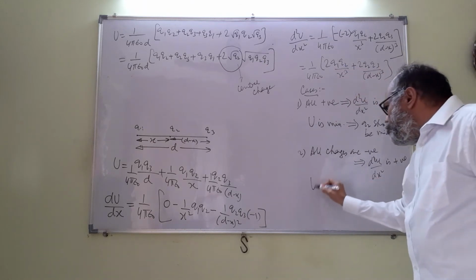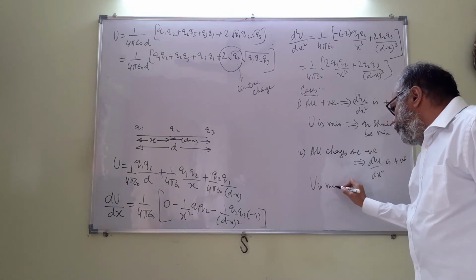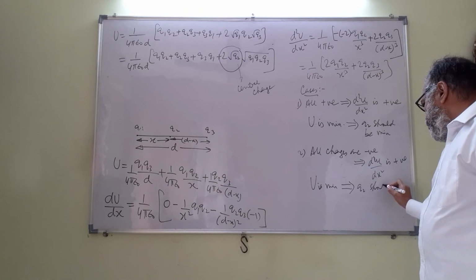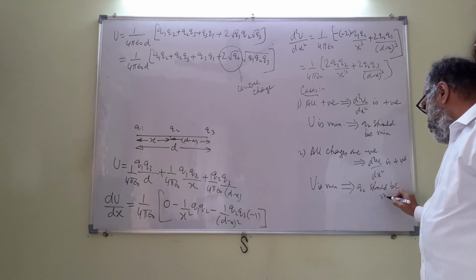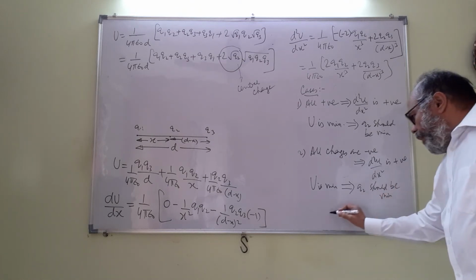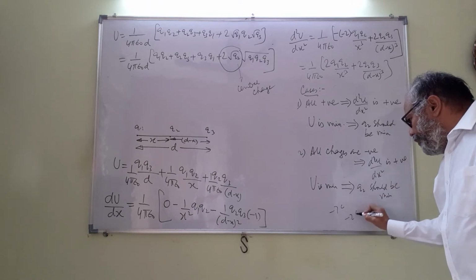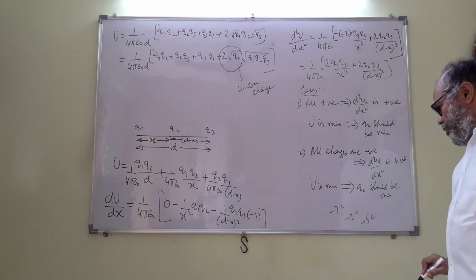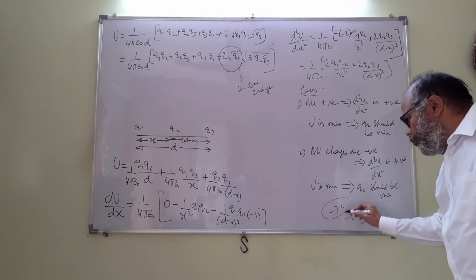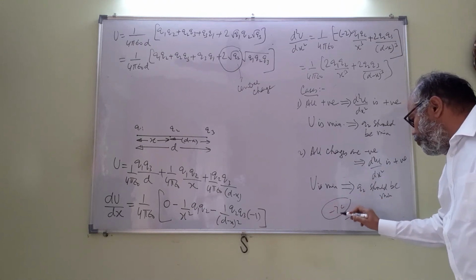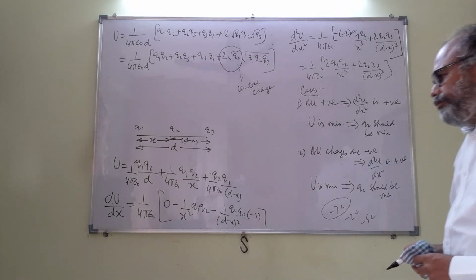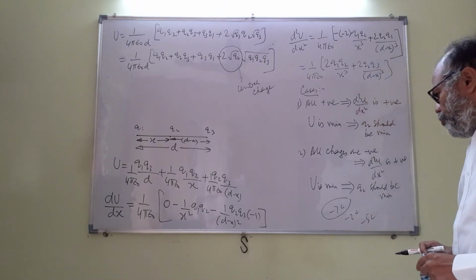So again U is minimum, and again the condition is q2 should be minimum. That means if you have minus 7 coulomb, minus 2 coulomb and minus 5 coulomb, the minimum out of these is minus 7 coulomb. Place this minus 7 coulomb at the center for minimum potential energy.